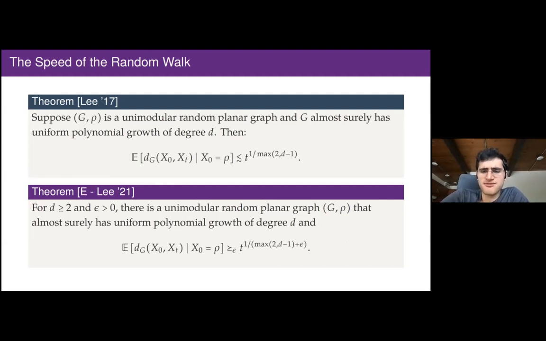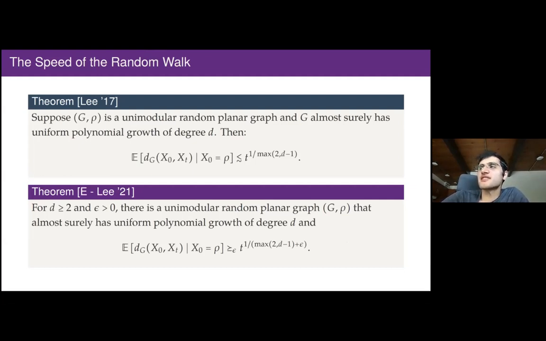The way you prove this is also relatively simple. In addition to what I just said earlier, the only thing that you need is this relation between the hitting times and effective resistances.